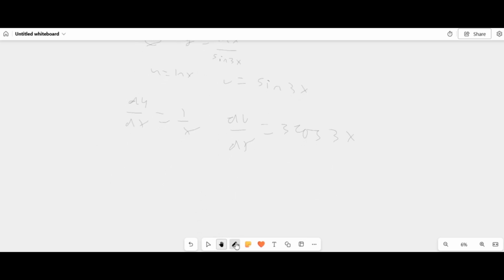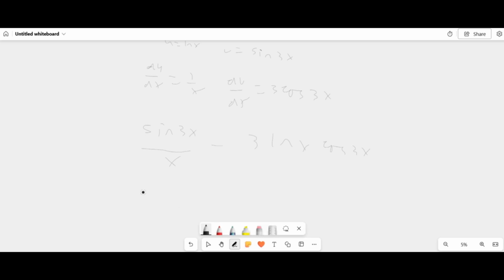Then sine times that is going to be sine 3x over x. Take away that times that, which is 3 ln x cos 3x. All of that over v squared, which is sine 3x, so that's going to become sine squared 3x.